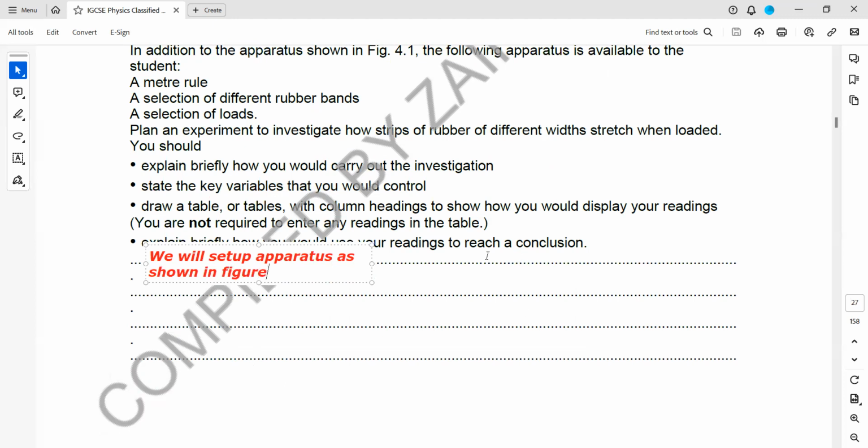After setting up the apparatus, we will measure the length of the unloaded rubber band, and that length is usually called L naught, or L0.